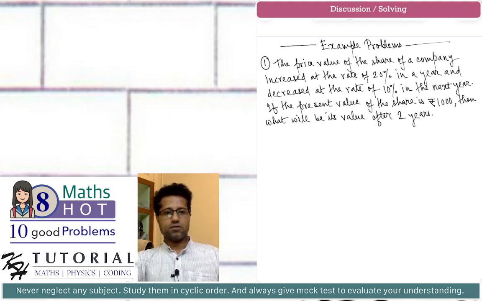Okay, so the first problem says that the price value of the share of a company increased at the rate of 20% in a year and decreased at the rate of 10% in the next year.